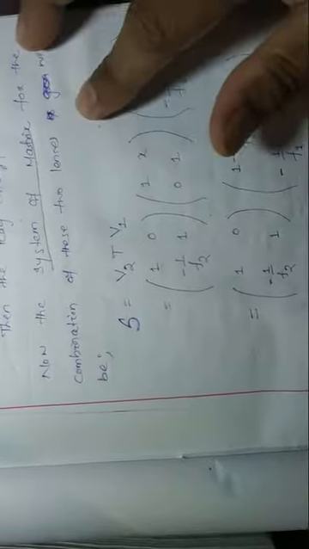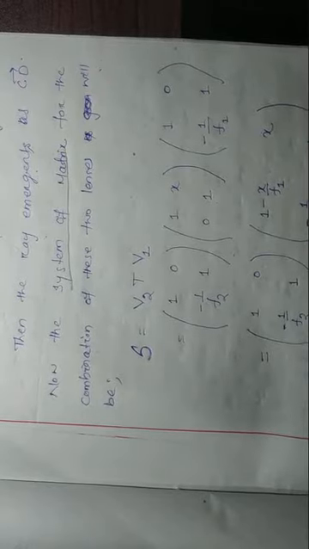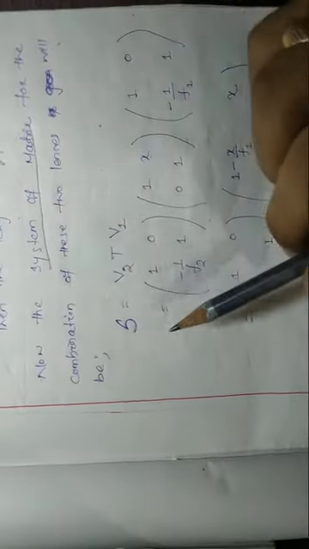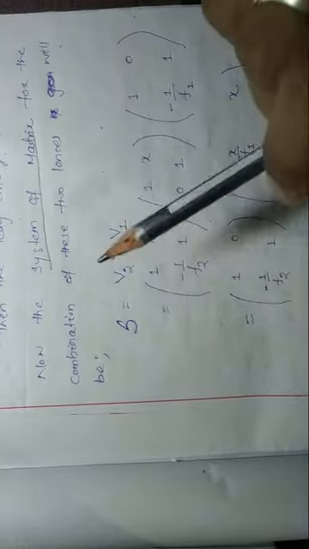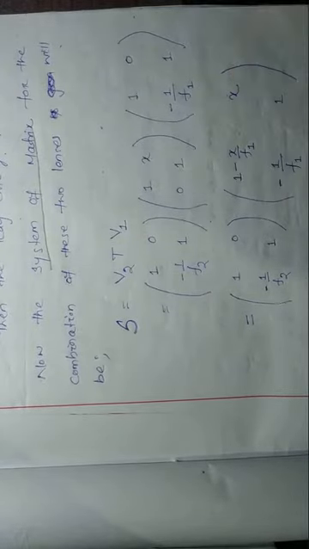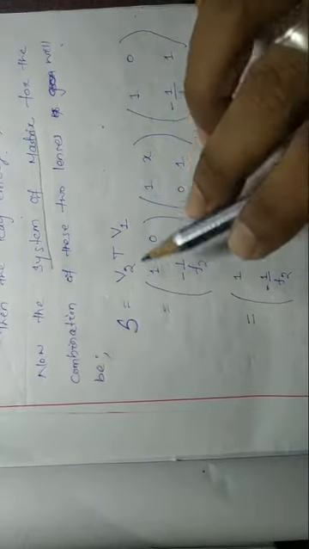The system here is two lenses and the gap between the two lenses, and that overall is called the system matrix. Then the system matrix will be V2 T V1.